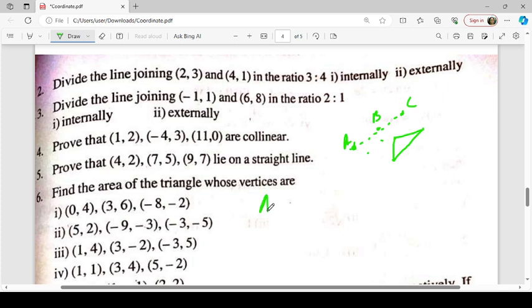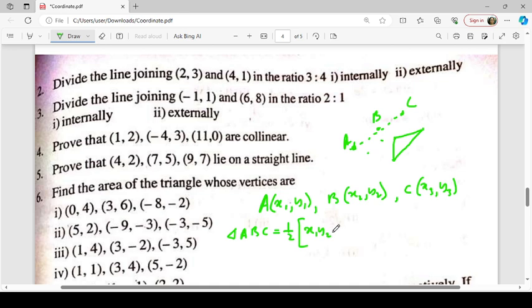So if A is (x1, y1), B is (x2, y2), and C is (x3, y3), then the area of the triangle ABC is equal to half of, this is the formula: x1 y2 minus x2 y1, plus x2 y3 minus x3 y2, plus x3 y1 minus x1 y3.